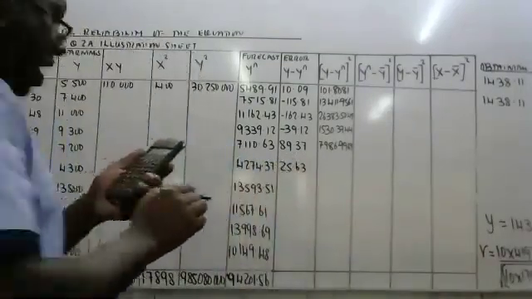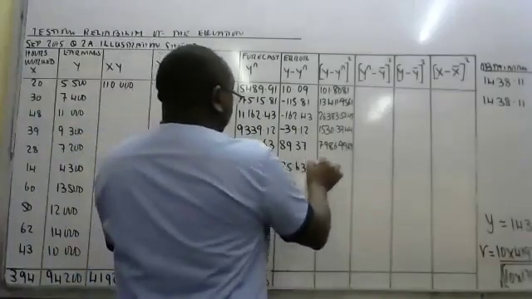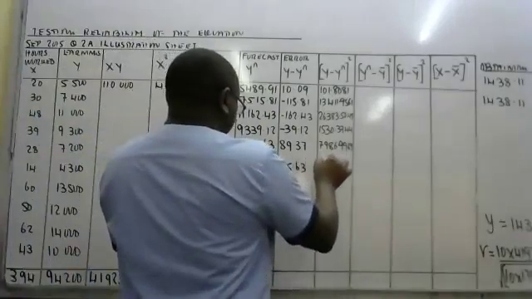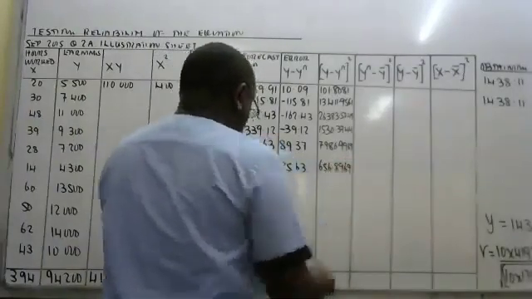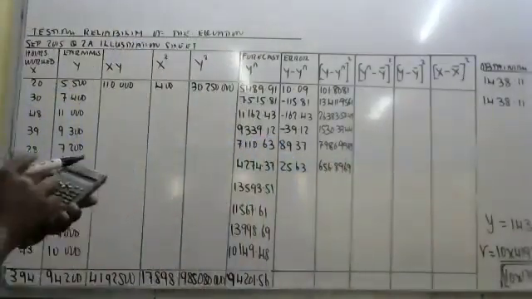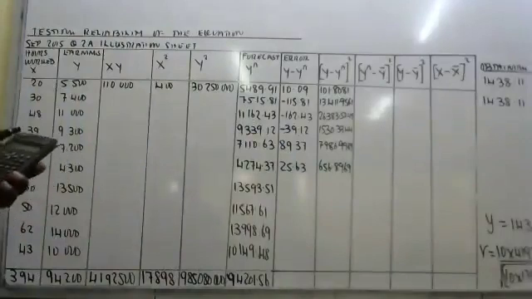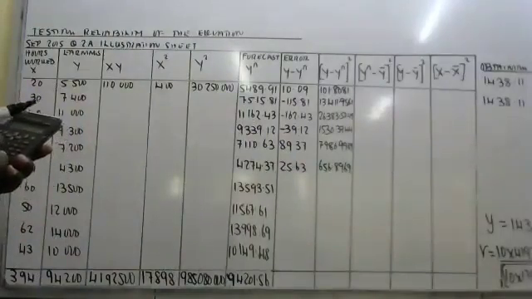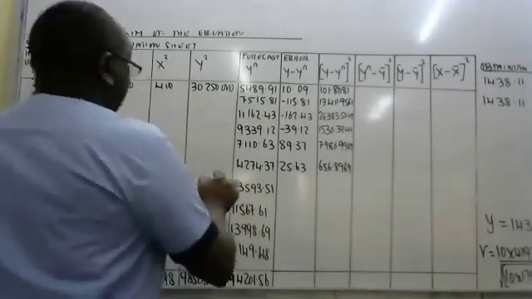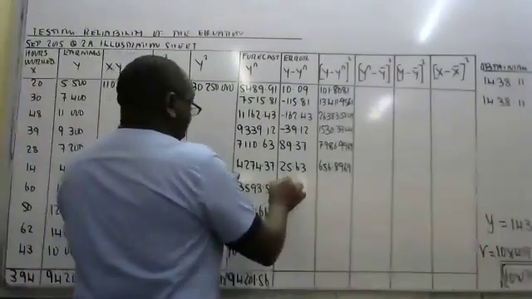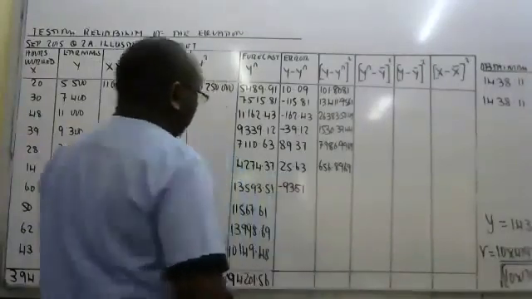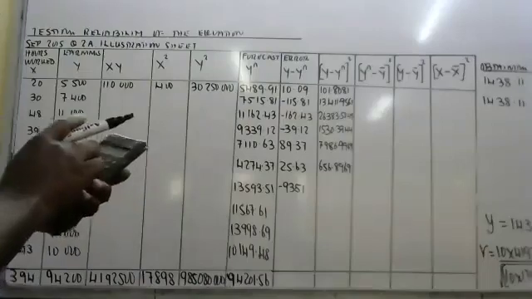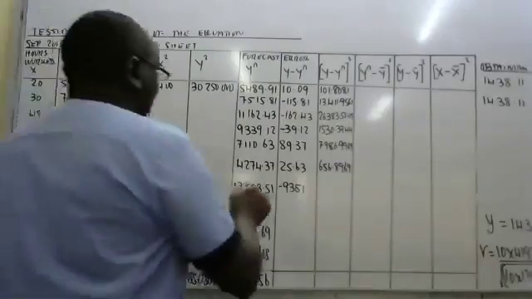You square that and get 656.8969. 13,500 minus 13,593.51 is negative 93.51. You square that and get 8744.1201.